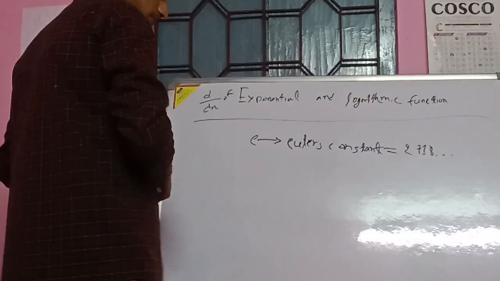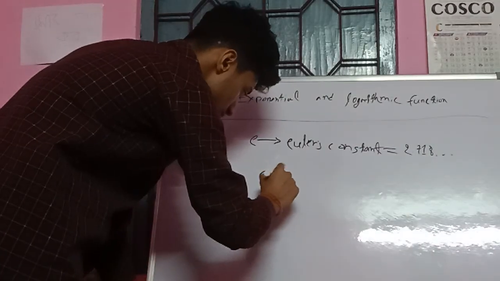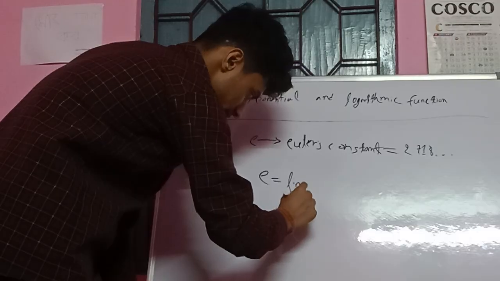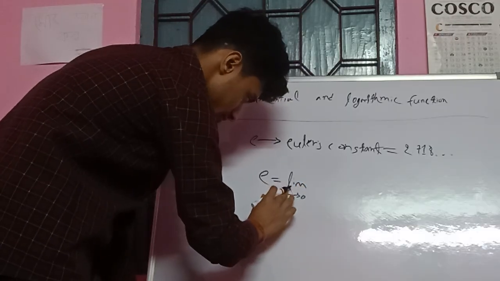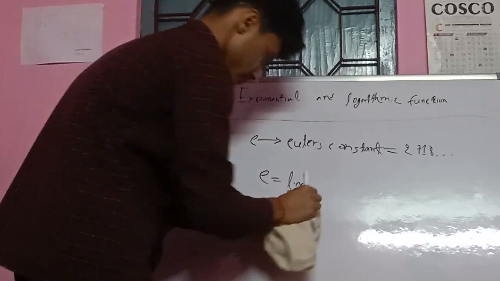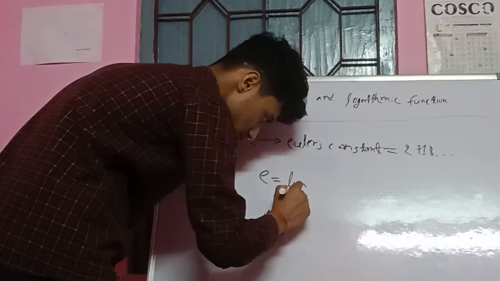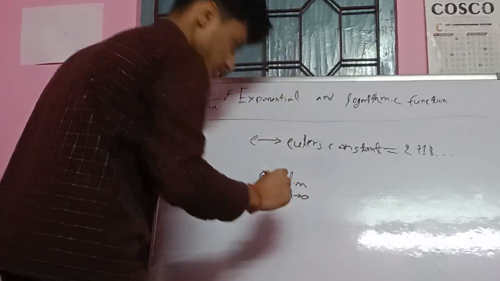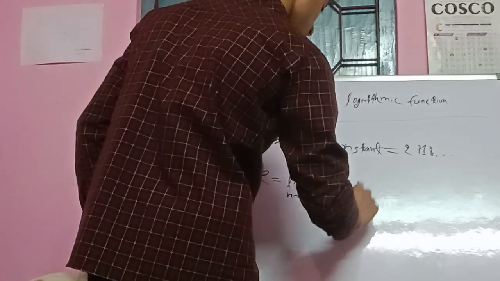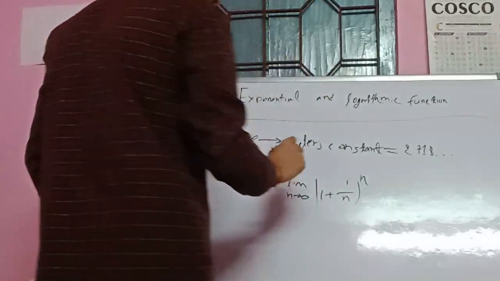Now, what does this come from? e is nothing but the limit, in this case as n approaches infinity, of 1 plus 1 over n whole to the power n.